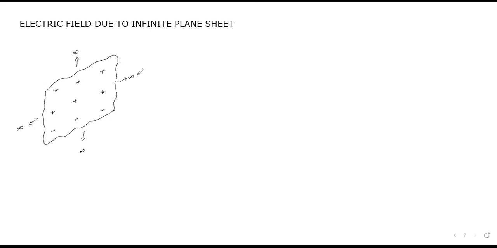Now, suppose this is an infinite sheet of charge, then what will be the direction of the electric field on the right side, along the x-axis, and on the left part the direction will be along this. Do you understand or not? All of you are understanding? Yes. Okay, good.